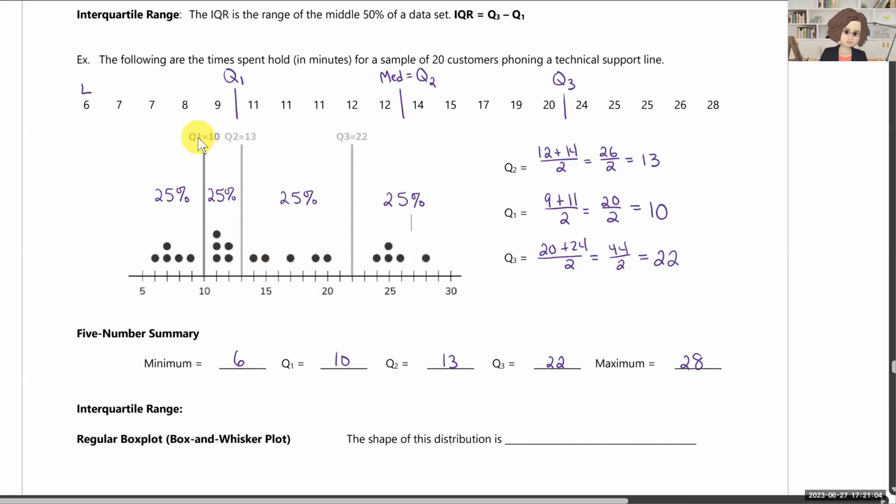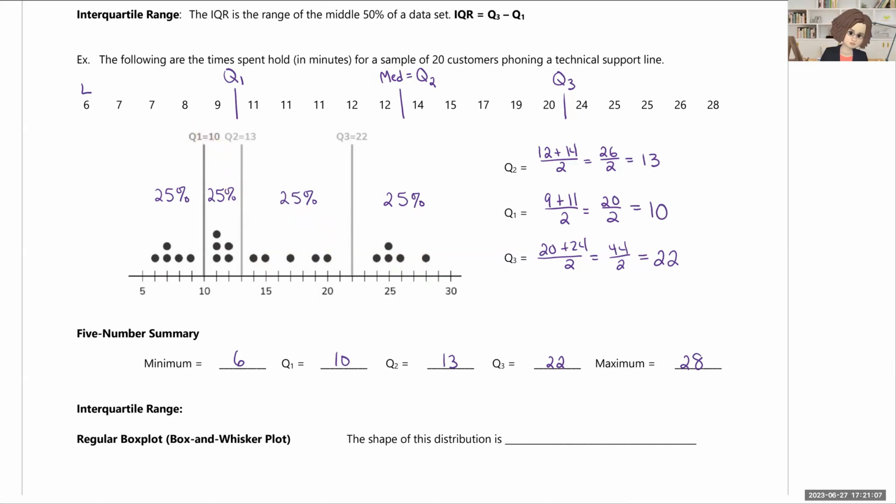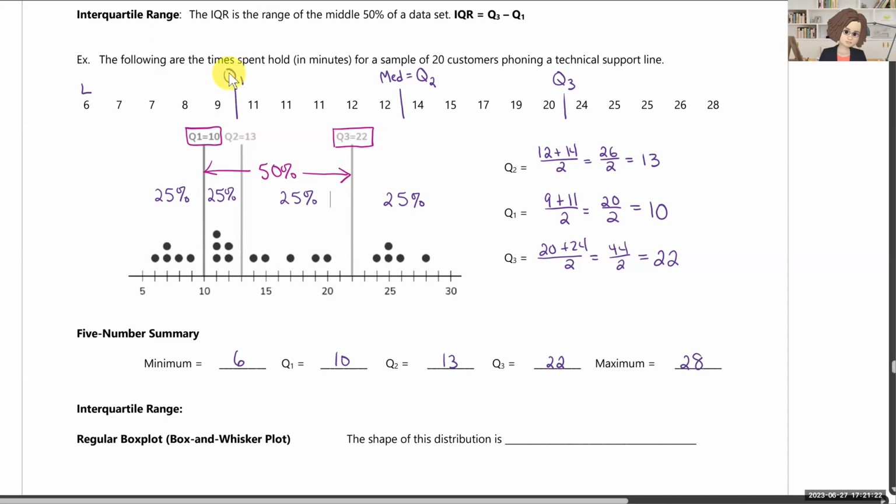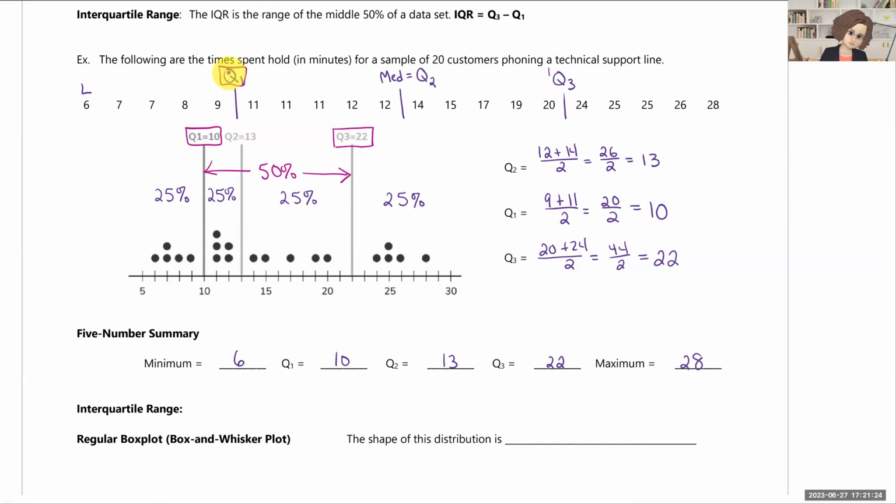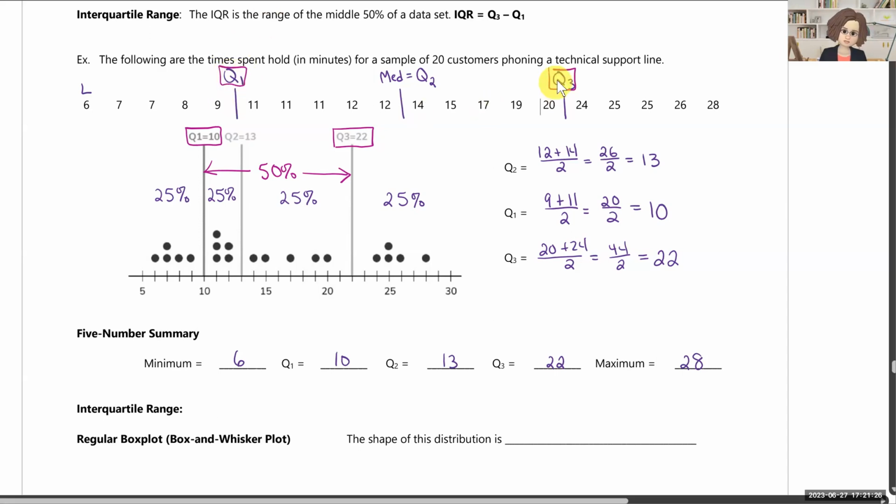If we look at our Q1, I'm going to box around it, and our Q3 there, between Q1 and Q3 would be 50% of the customers. Between Q1 and Q3, I've got 10 customers, so the middle 50%. The interquartile range is the range of that middle 50% of our data.